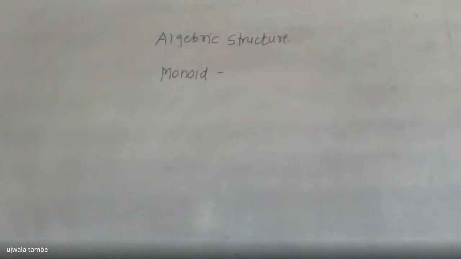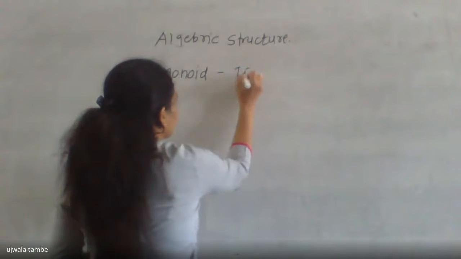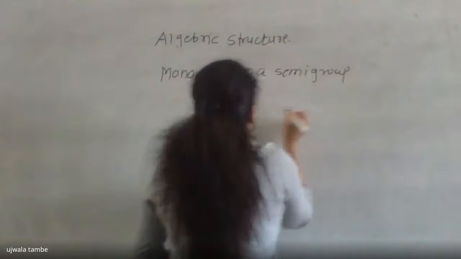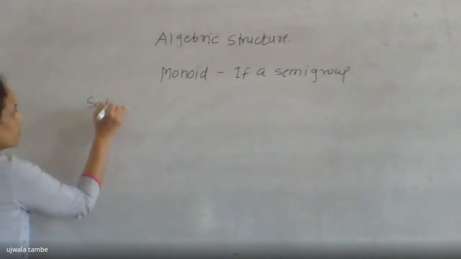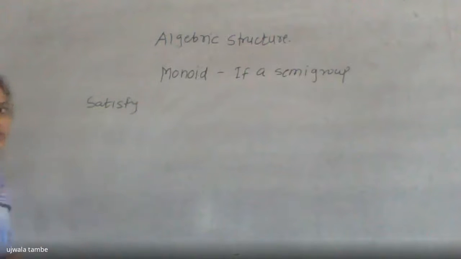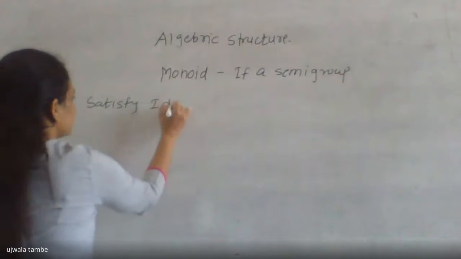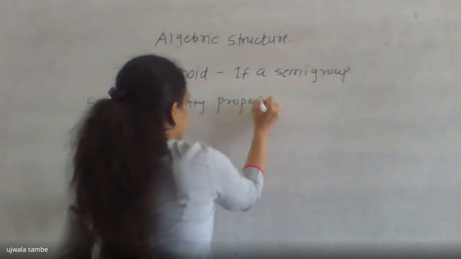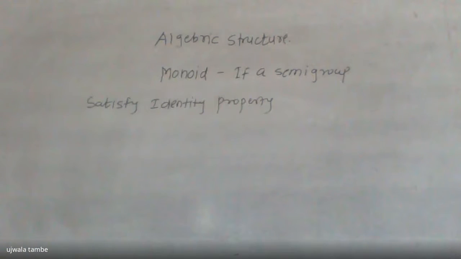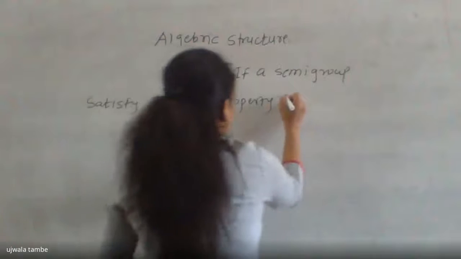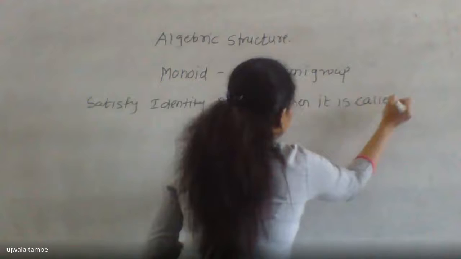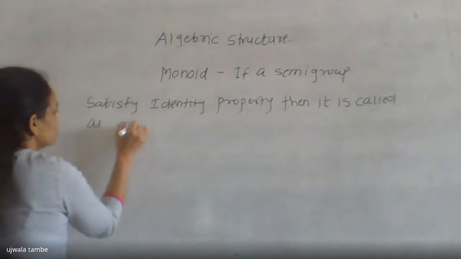If a semigroup satisfies the identity property, then it is called a monoid.